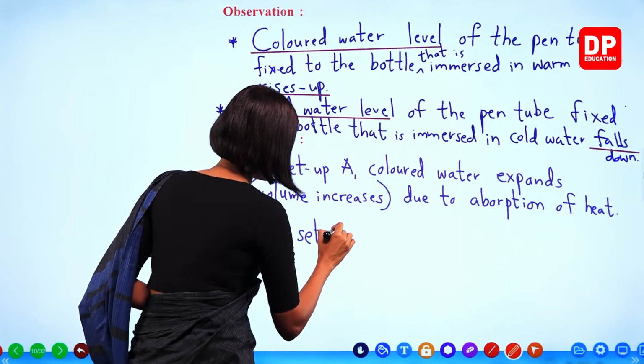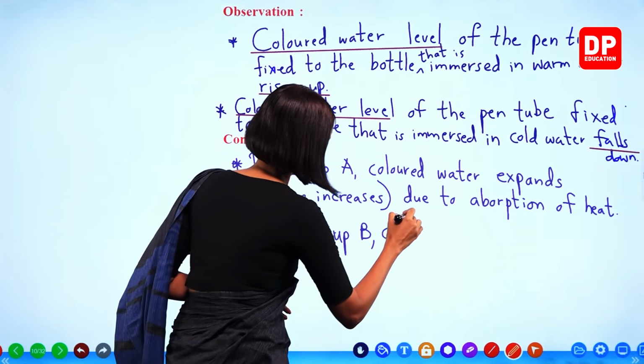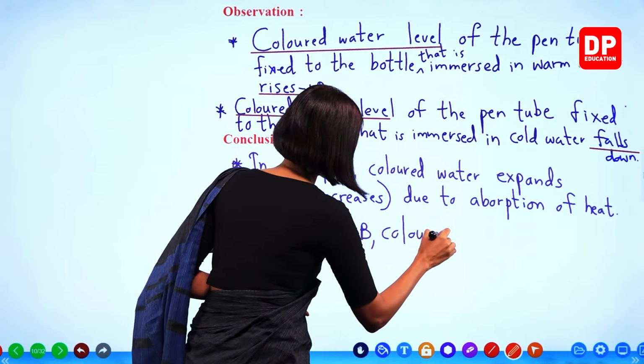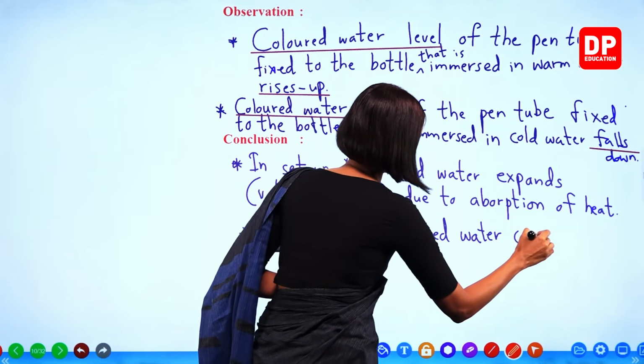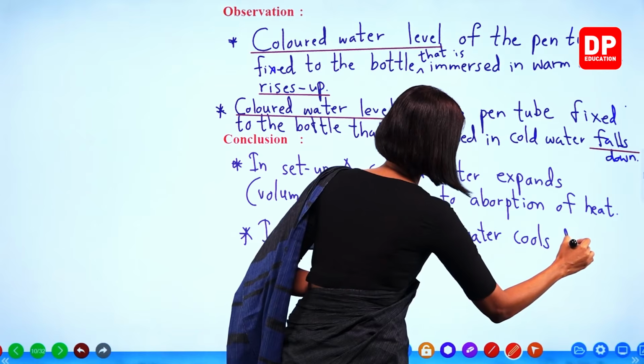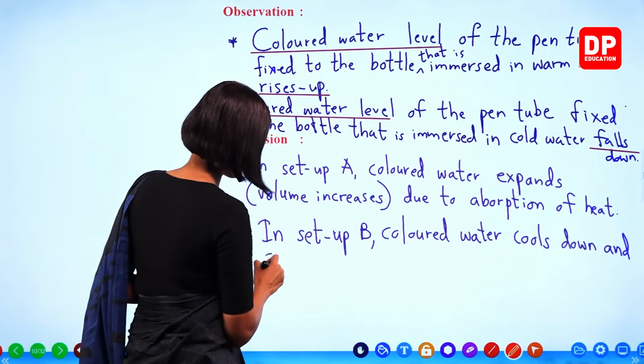In setup B, colored water cools down and contracts.